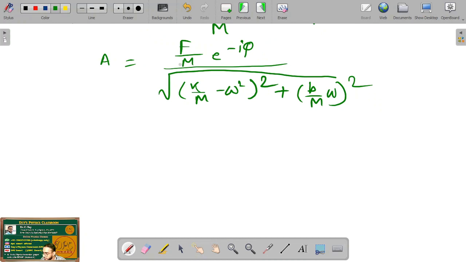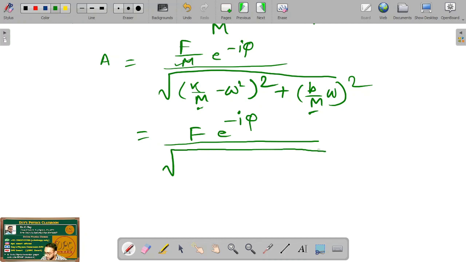So the m in the numerator and the m in the denominator will cancel out, and we finally get F into e to the power minus iφ divided by the square root of k minus ω² m whole square plus b² ω². So this is the expression for A.